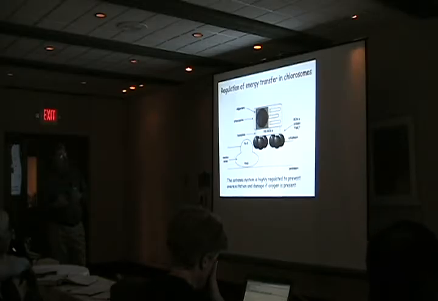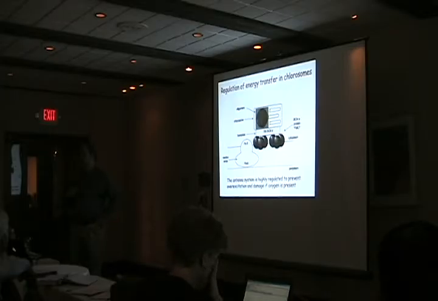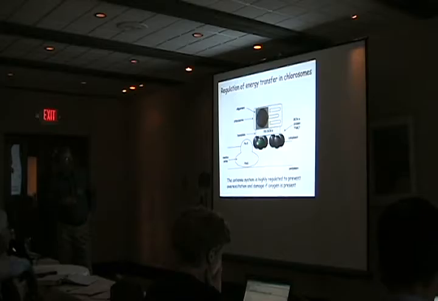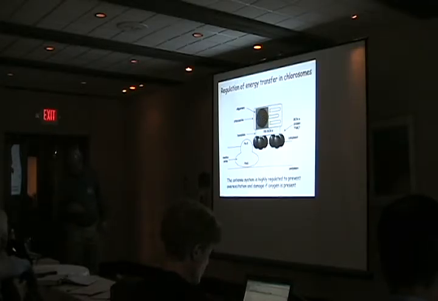What's found in all photosynthetic antenna complexes, but here it's perhaps more developed than in others, is that you have multiple regulatory and repair processes that first control the amount of energy that gets delivered to the reaction center, and then, if there is photo damage, come in and repair it later.